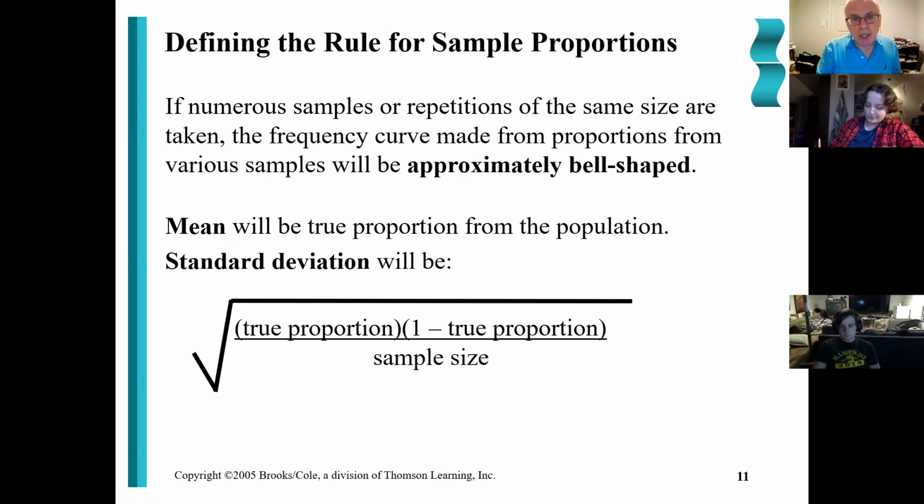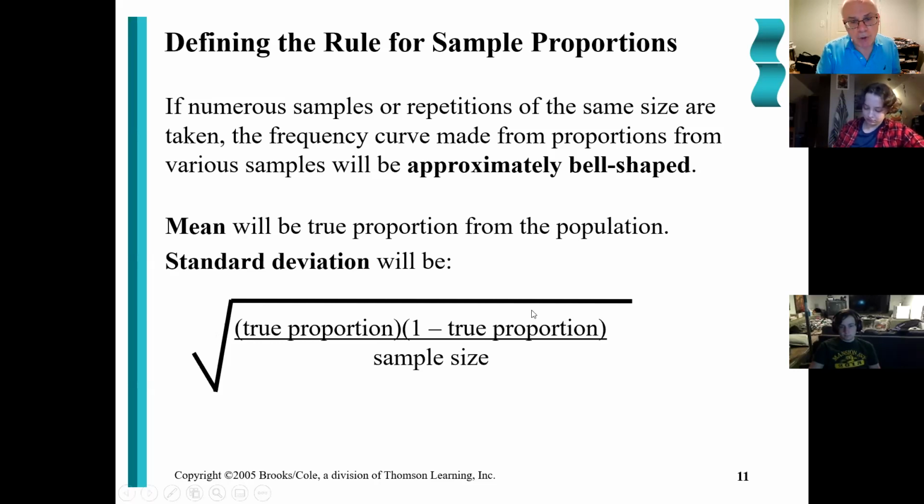What is the standard deviation? Well, we need to use this formula here. It's the square root of what? The true proportion. And now you might say, well, what if I don't know the true proportion? Well, you might come up with an estimate for it, and you would put the estimated proportion here as a decimal between 0 and 1.